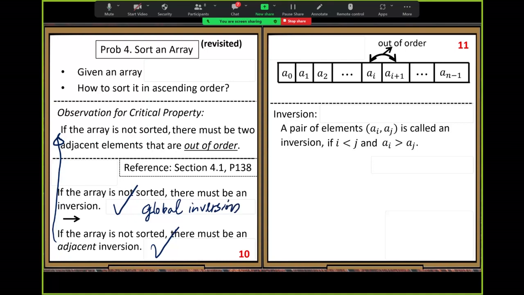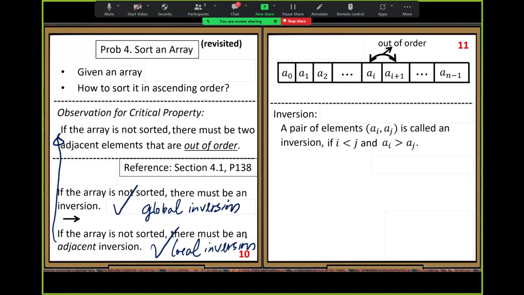In the second one, we use the local inversion. Global inversion and local inversion, so they are different. Although both statements can help us to check if a given array is sorted or not.